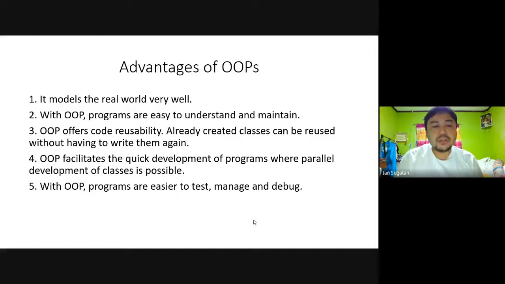With object-oriented programming, programs are easier to test, manage, and debug. So as you can see, a 20-line code can be read by your computer's compiler or IDE, and then be able to determine if there are certain errors, which can be displayed after the display of the value, before you run the program.